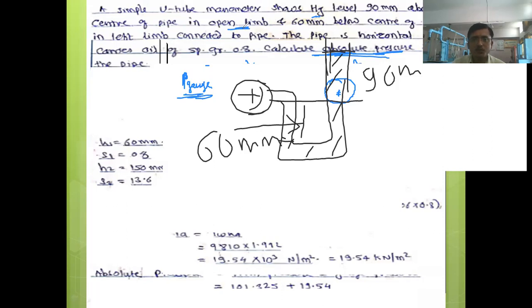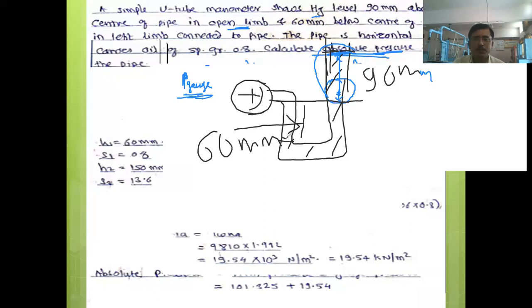So the mercury level in the right limb is 90 mm above the center of the pipe. So this part of the diagram is correct. Up to this much, 90 mm is the height above the center of the pipeline. Then 60 mm below the center of pipe in the left limb.